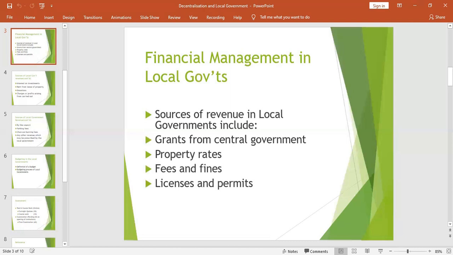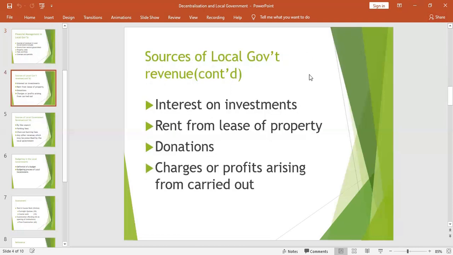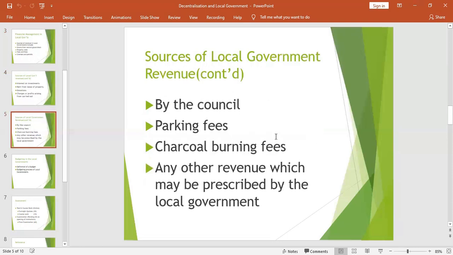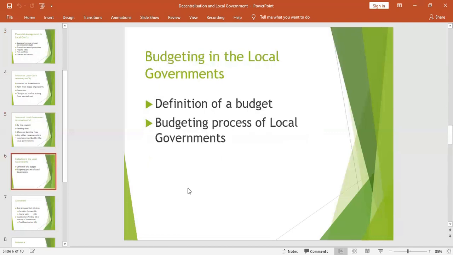Charges or profits arising from any trade, services, or undertaking carried out by the council, annual bicycle licenses, charcoal burning licenses, and any other revenue which may be prescribed by local government. Therefore, these are the different sources of revenue for local governments.